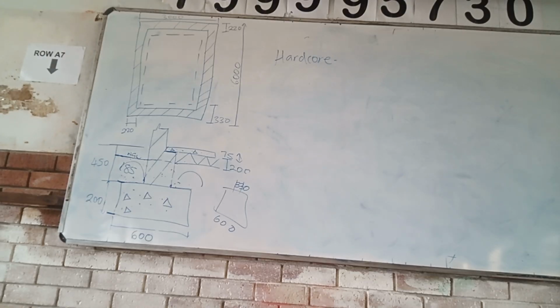Why are you subtracting the 220? It's 6,000, not 6,000 minus 220. Why are you subtracting 220 on the hardcore?